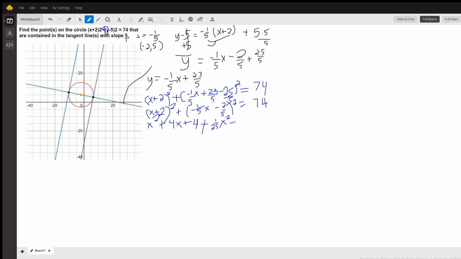That's going to be 2/5 and minus 4/5 x, and then plus 4 over 25. And that's going to equal 74.